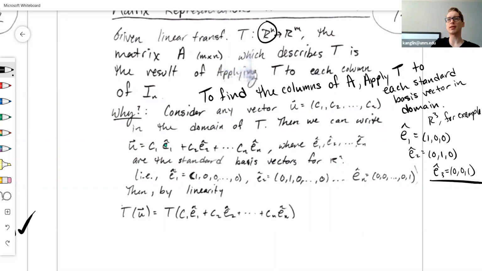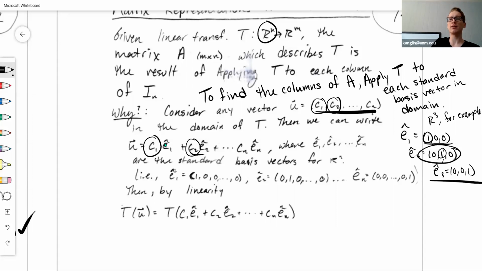So certainly we could break this vector up and do C1 times that first one, because that's in the first component, and you only have a 1 in the first component with E1, plus C2 times the second one, because if you multiply C2 on E2, you only have a 1 in the second component, so it only puts a C2 in the second component, and so on.